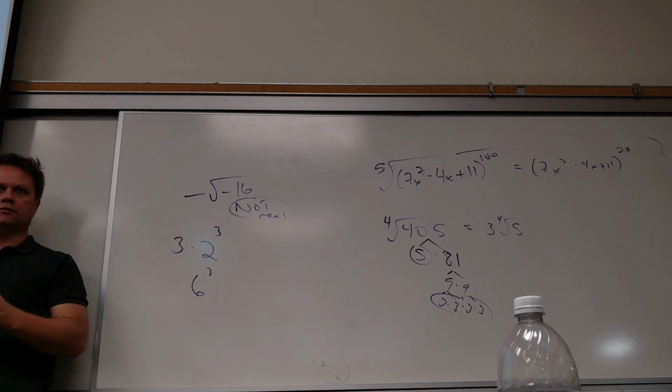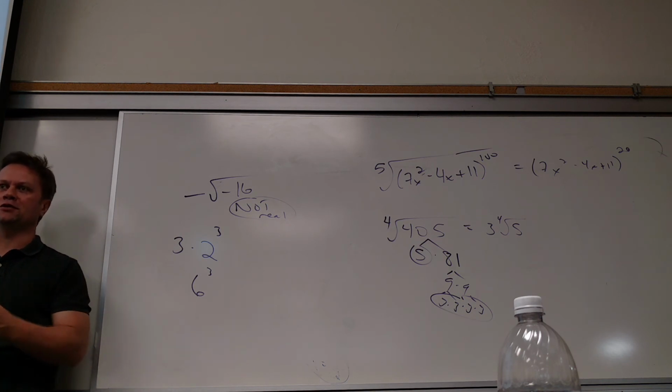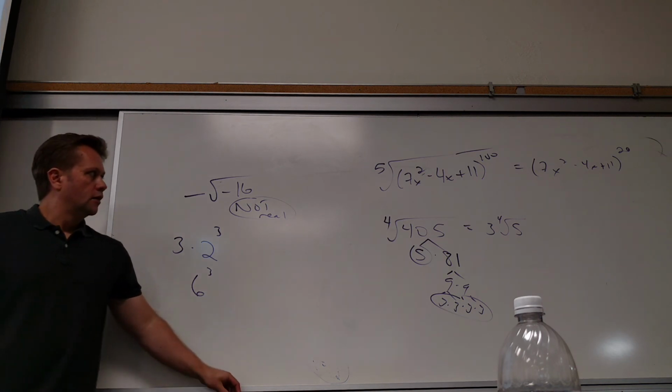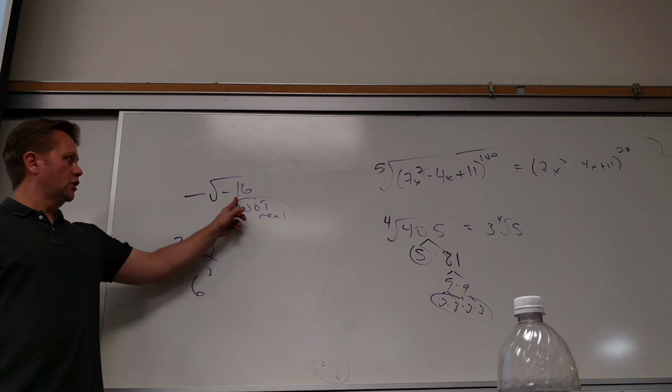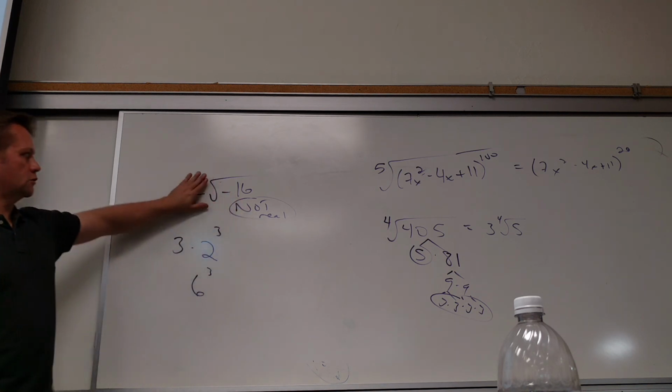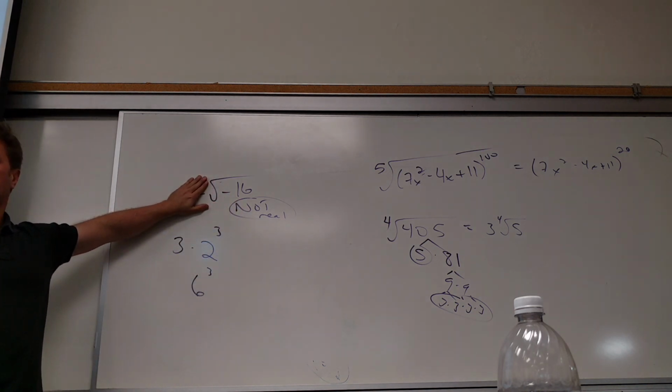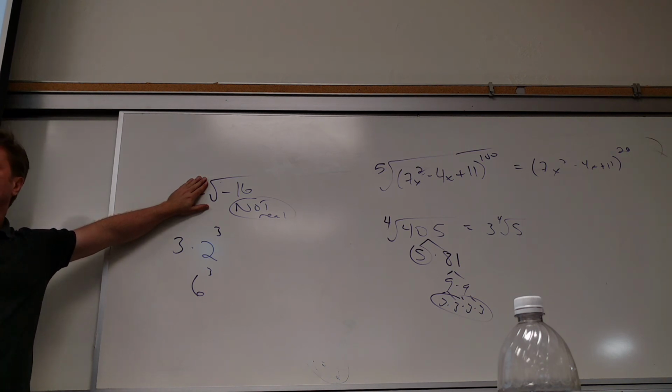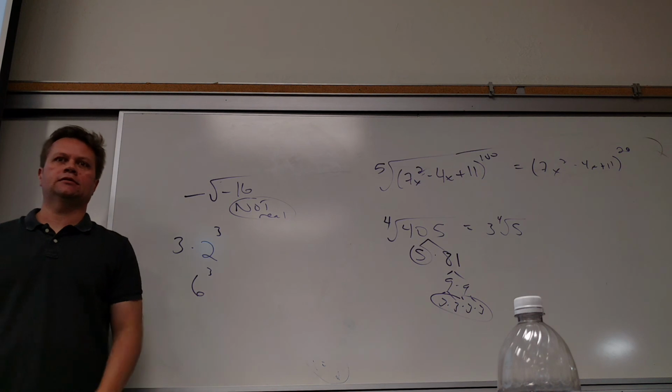Some of you know these numbers I'm talking about. Imaginary, complex numbers. Complex is better than imaginary. It's unfortunate that name stuck. Anybody know the square root of negative 16? 4i. Yeah, you'll learn it next class.